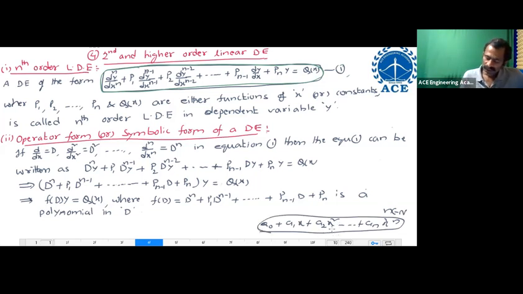Like that, f of D is a polynomial in terms of D. In place of x, here we have the operator d by dx.